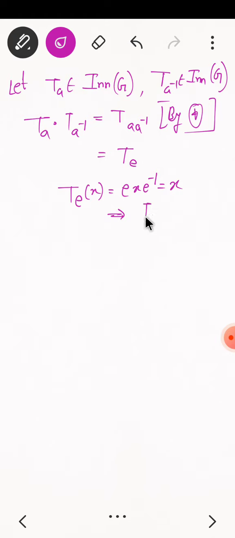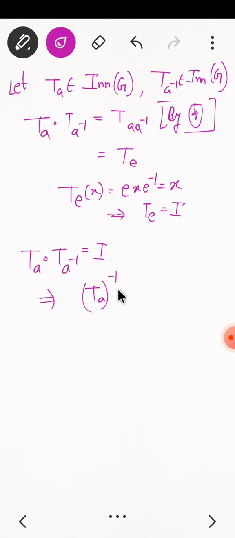So this implies that T_e is the identity mapping. So T_a composition T_(a inverse) is equal to I. So this implies that T_a inverse equals T_(a inverse), which belongs to Inn(G).